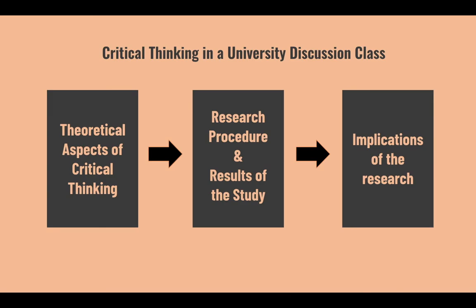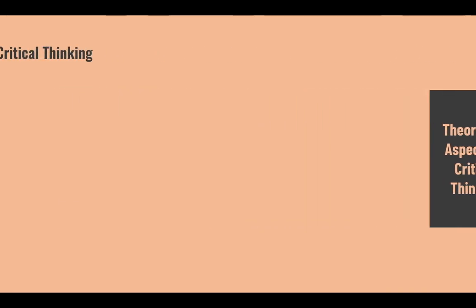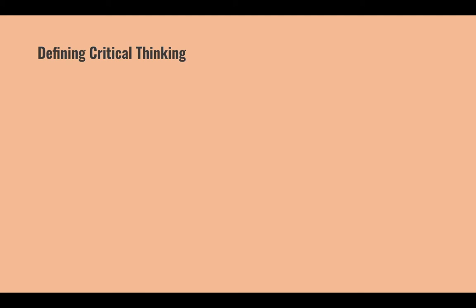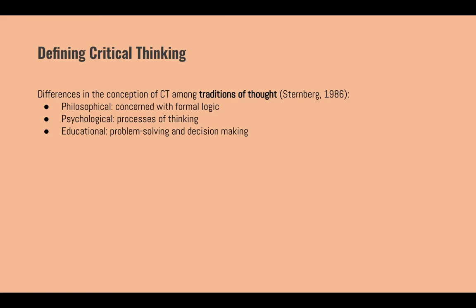First, Sam will talk about what critical thinking is. There isn't an accepted standard definition of critical thinking. So, for some context, we'll look at 4 perspectives on it. One difference is the approaches among 3 disciplines that are concerned with critical thinking.